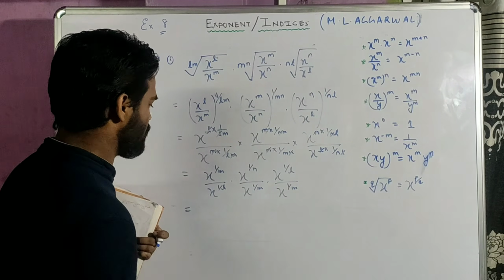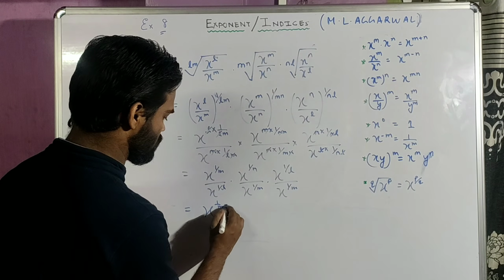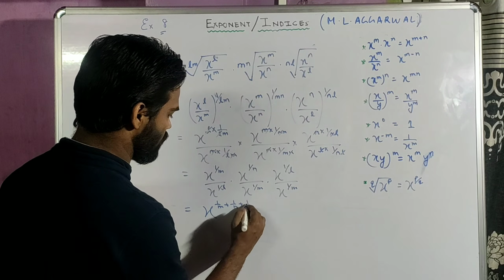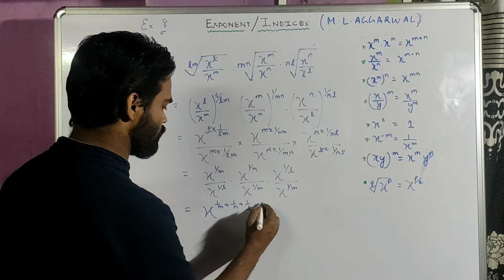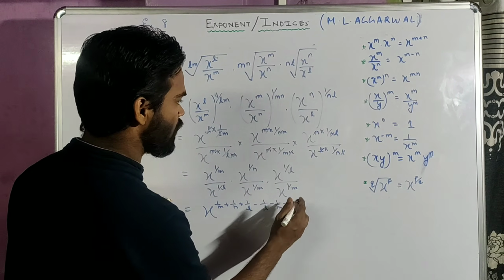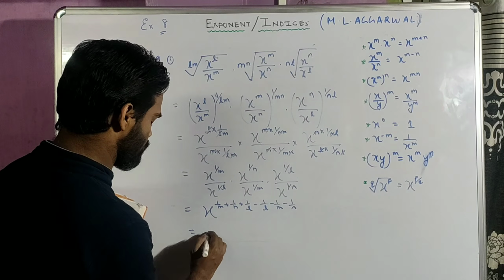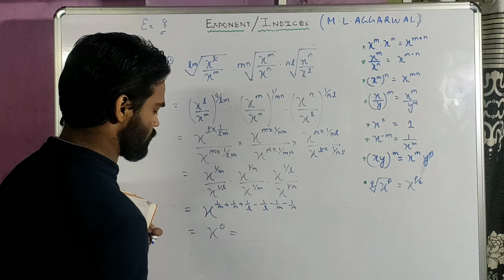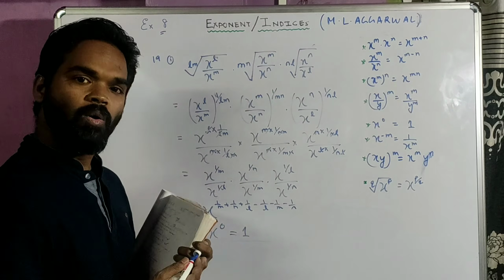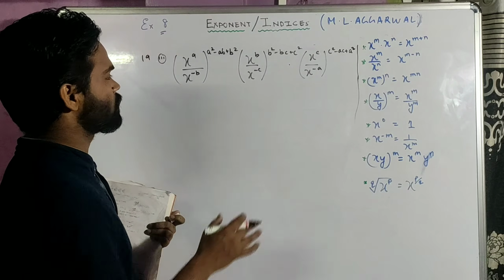In one step I am writing, see, in case of multiplication you add the power, in case of division you subtract the power. In one step only I am doing, okay. See, the power cancels out and becomes x power 0, which is equal to 1. Clear?